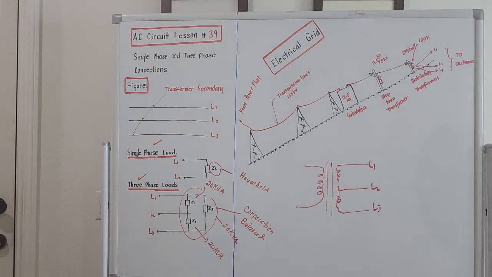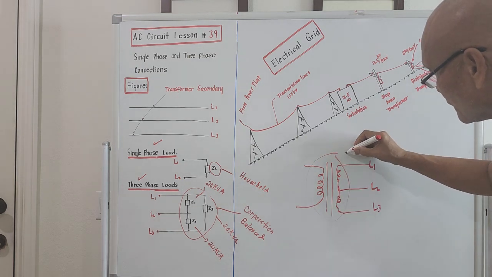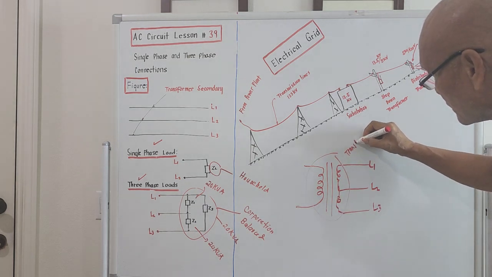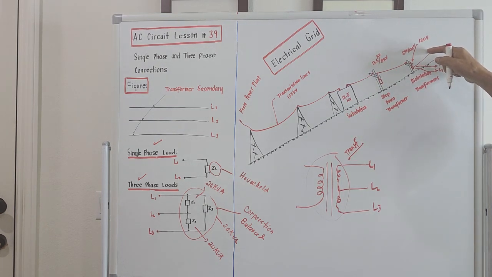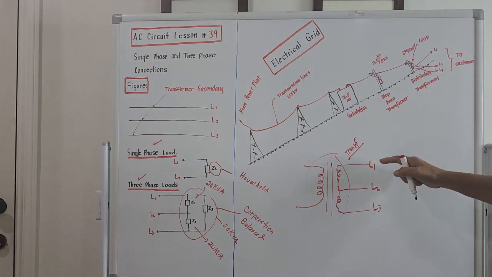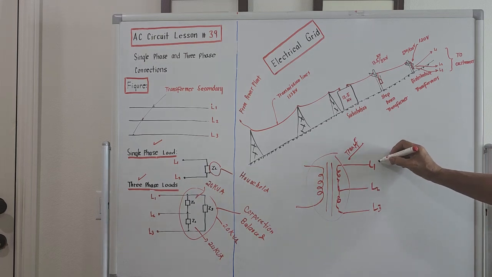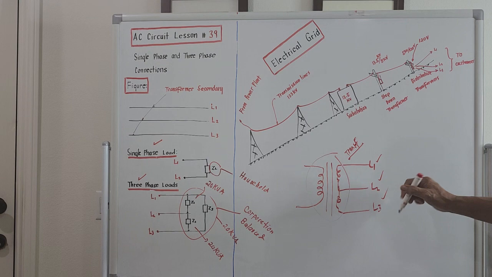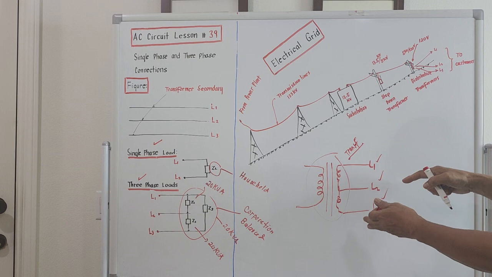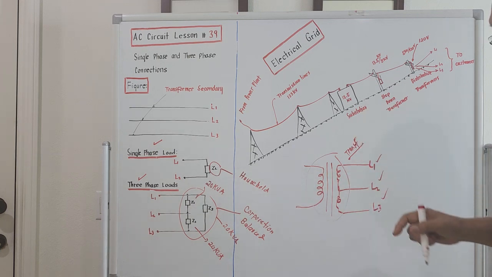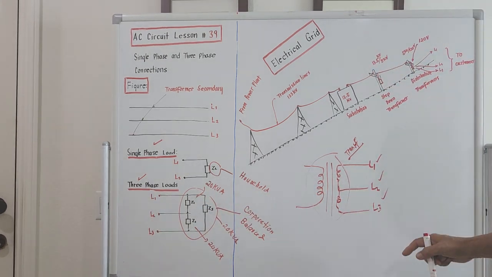This portion here is a transformer, which is hung on the post going to our houses. There will be three lines over there. If the transformer is three-phase, there should be three lines coming out. Because if the transformer is just single-phase, it could not serve a three-phase load. There should be three lines to serve the three-phase load.